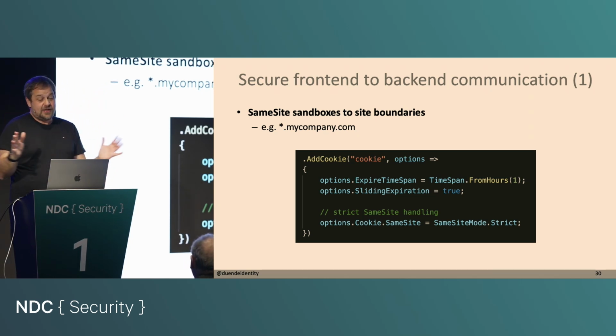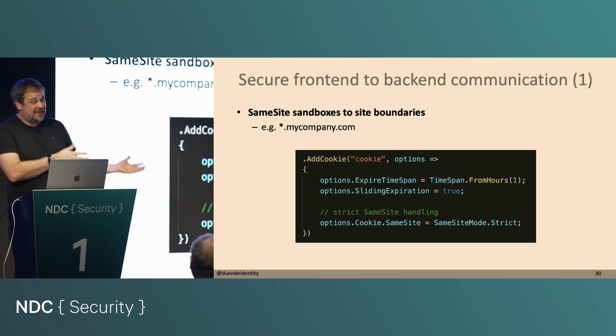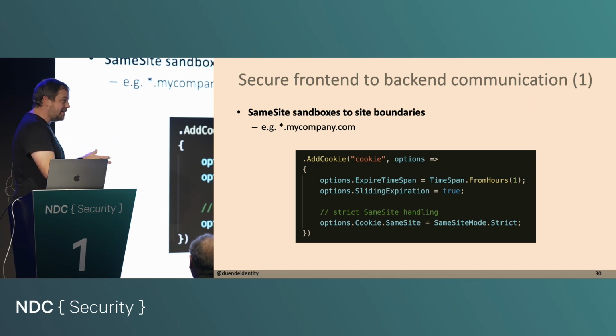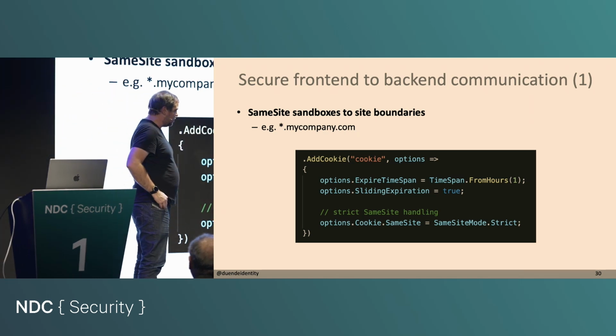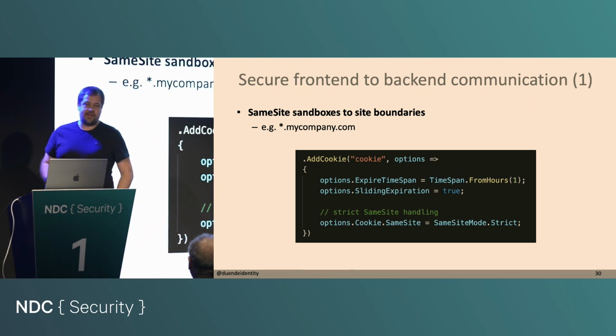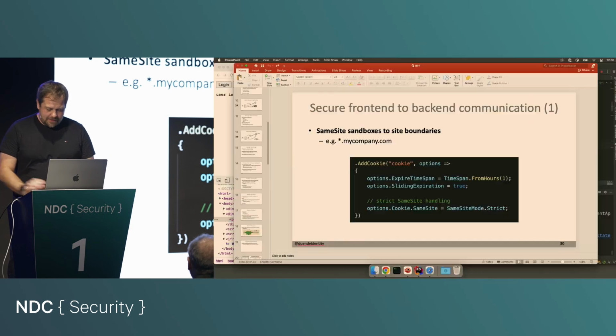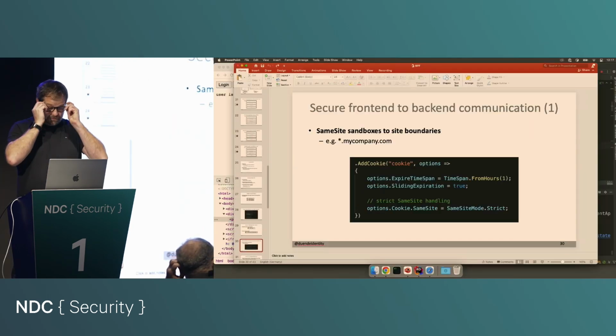You can basically use the highest same site mode to secure your cookies. This might not be compatible with your application, because maybe you are having links between applications and this is not working with that, but it's possible, which was not easily possible before. Okay, let's do this. Let's switch to a different demo.